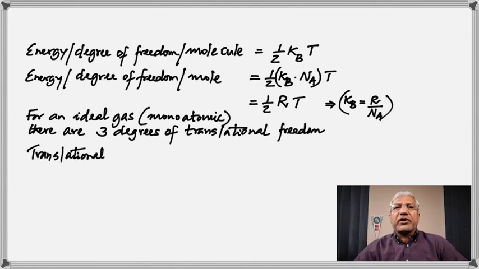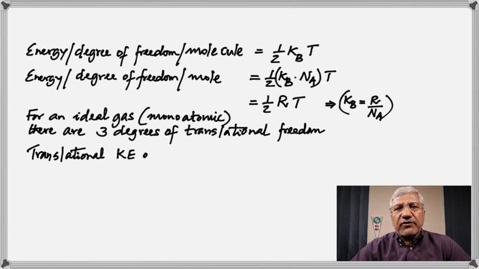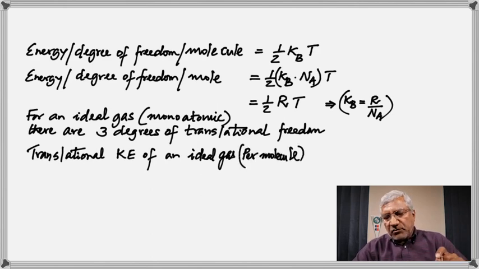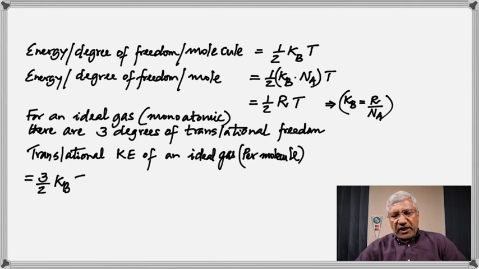And that's why it's called 3 degrees of translational freedom. So, total translational kinetic energy of an ideal gas per molecule is 3/2 kBT. Now you see where the 3 comes from? We multiplied the 1/2 kBT by 3 because it has 3 degrees of freedom.